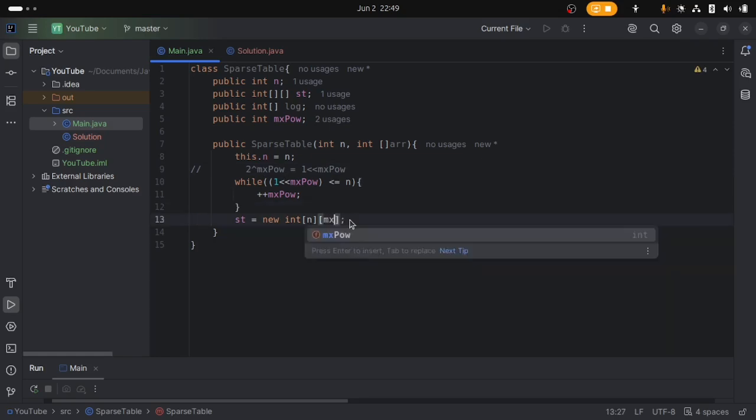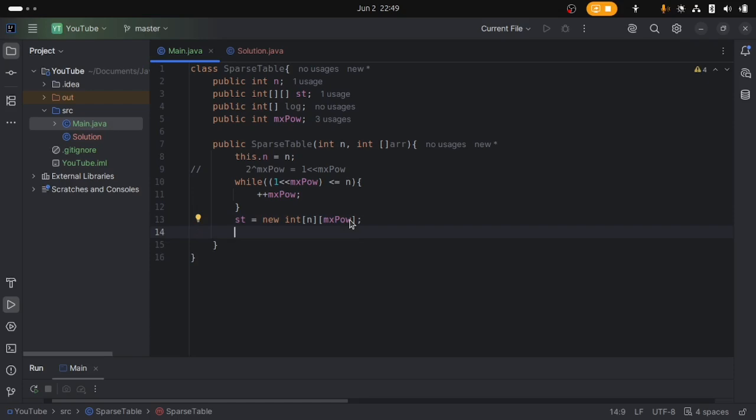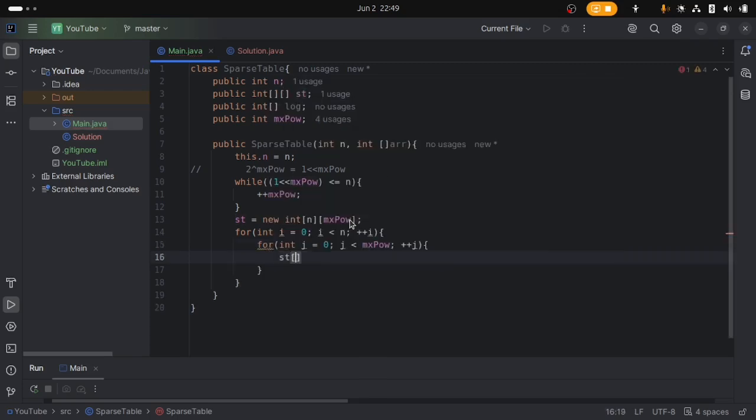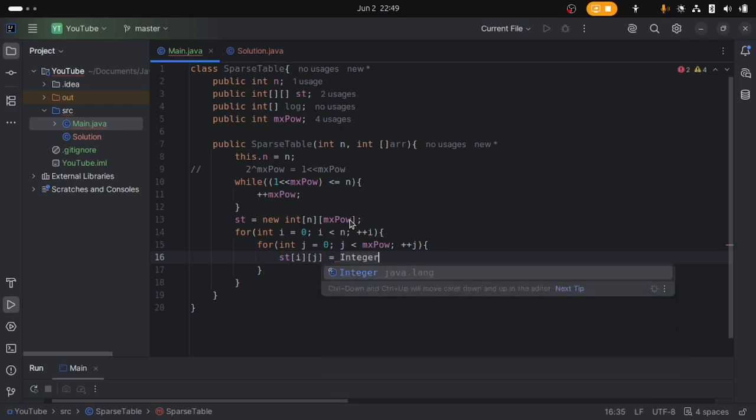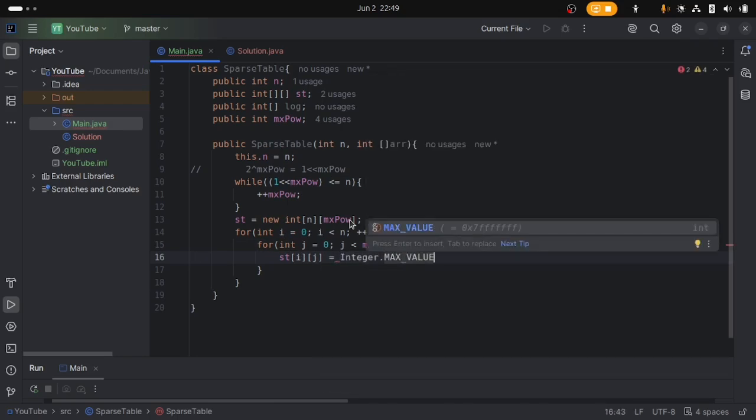Once we get the max power which we need, we'll create our sparse table. Then we have our log array also. First, initialize the sparse table with default values. Now we are building a sparse table for finding minimum, so we will initialize it with a very big value.